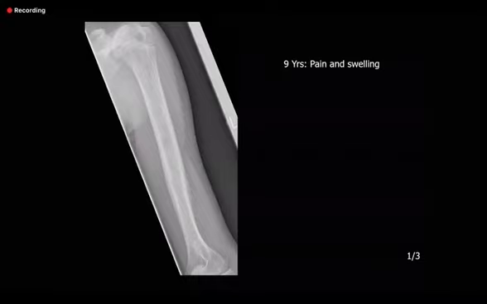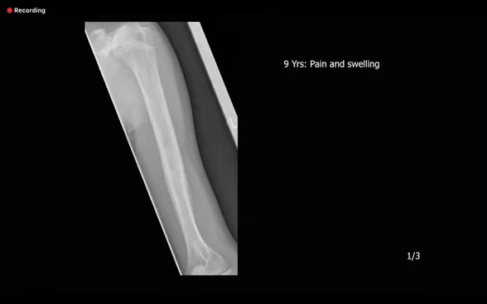Looking specifically at the abnormality, I can see mixed lucency and sclerosis with a wide zone of transition. However, I cannot appreciate an adjacent soft tissue mass next to the bone, and overall the finding is pointing towards an aggressive lesion.